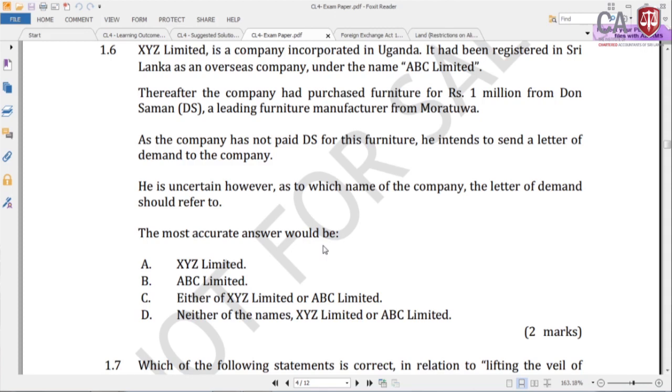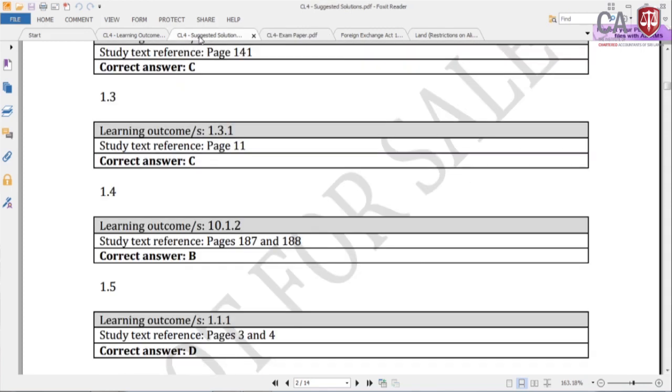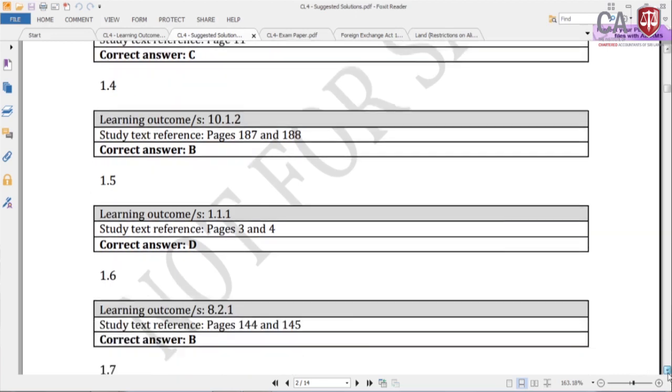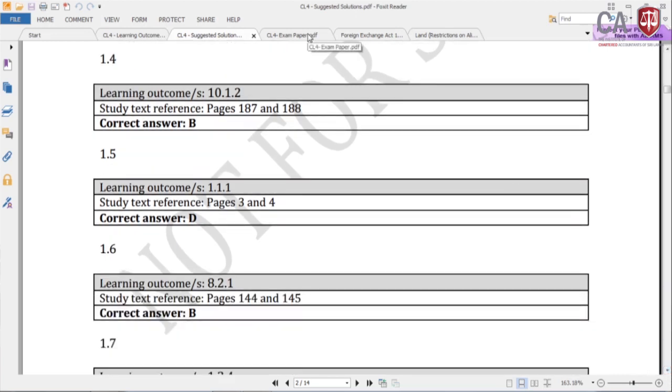XYZ has nothing to do with it. But since it is an overseas company of XYZ, that is our main question here.